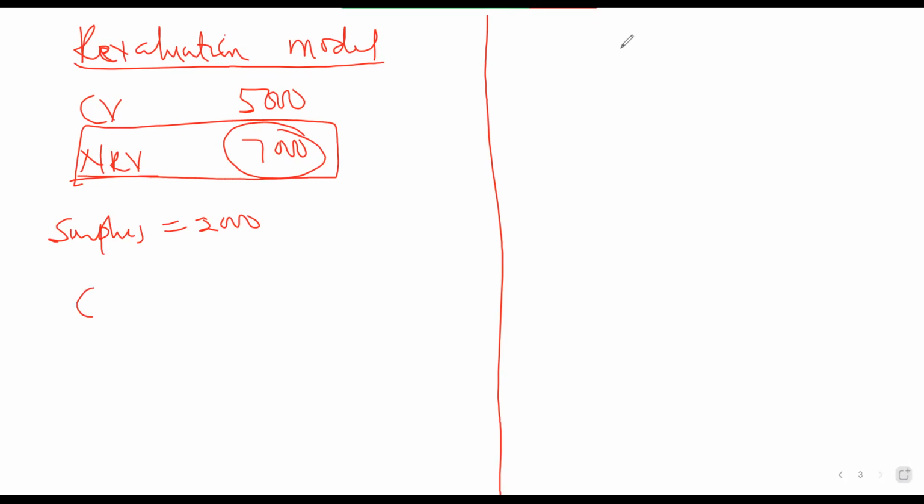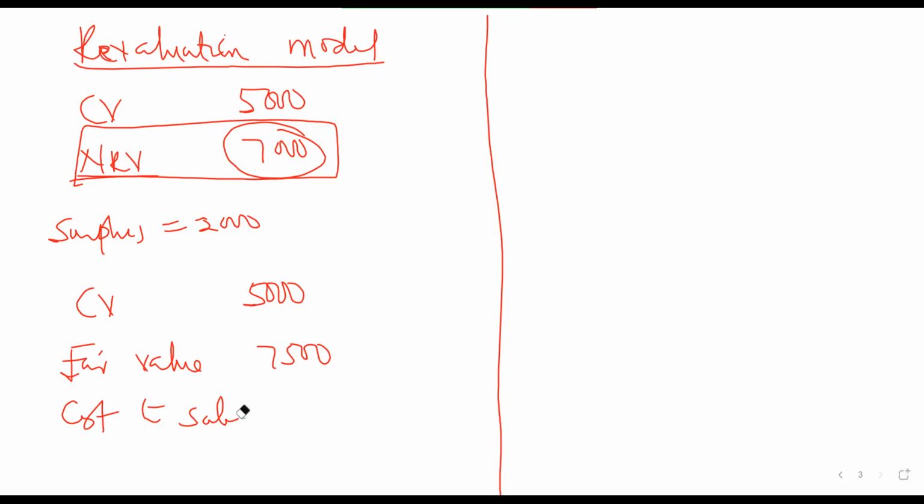Or they can give you a carrying value of 5,000. Then they will give you a fair value of 7,500. Then they will give you a cost to sell of 500.